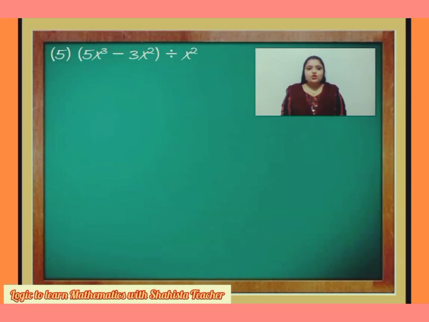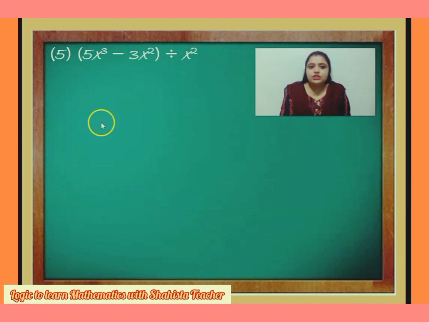Let's solve question number 5, that is 5x cube minus 3x square divided by x square. Now here you can see 5x cube minus 3x square is the numerator and the denominator is x square. So here we have to divide these terms.